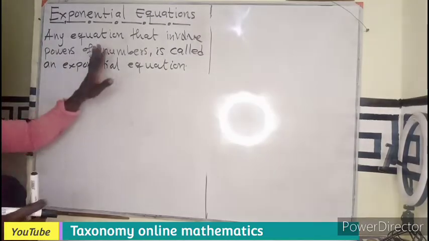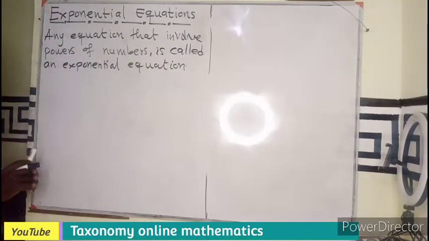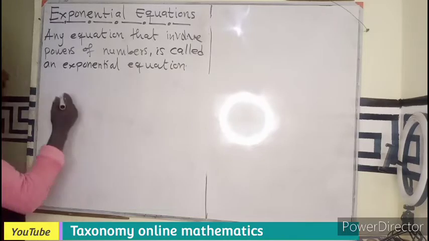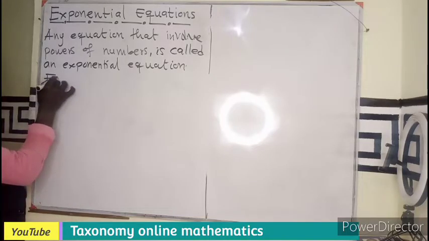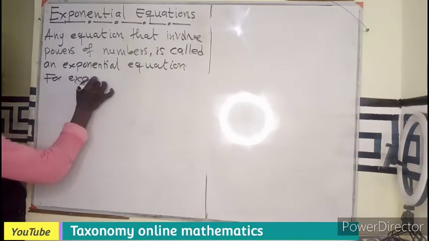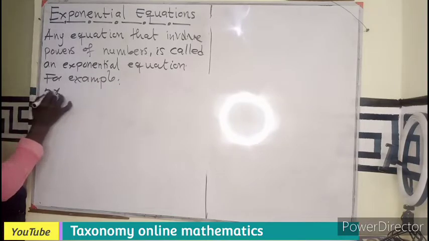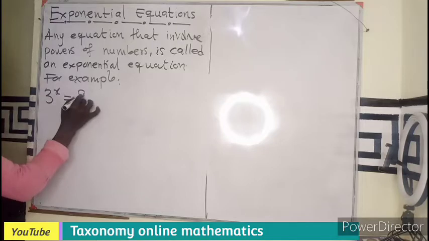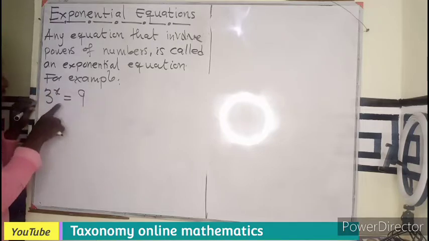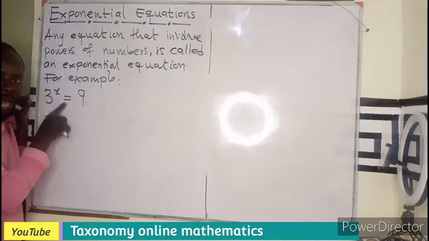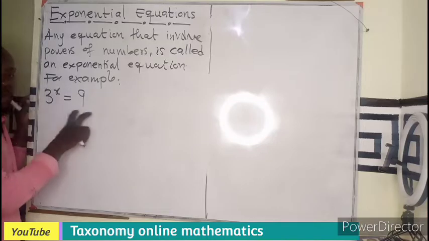For example, if I have 3^x = 9, because of the equal sign having two sides, we have an equation.